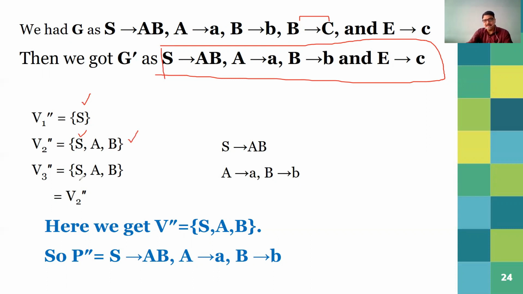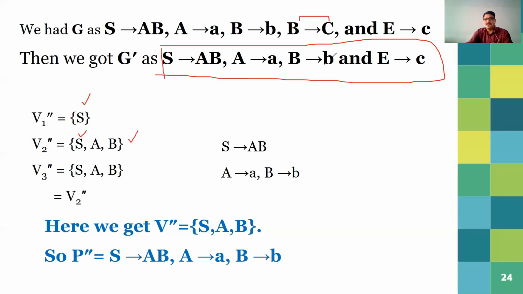And finally, again, we are going to calculate V3. So V3 is equal to S, A, B union anything else that is provided by A, B and S. Simply, S will provide you AB, and AB is already here. A provides small a. This is a terminal, so that cannot be stored in the set of variables.